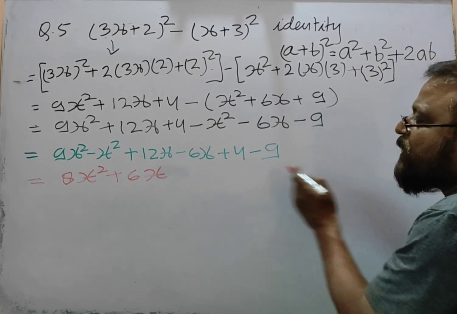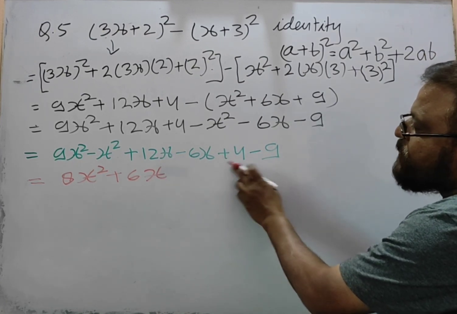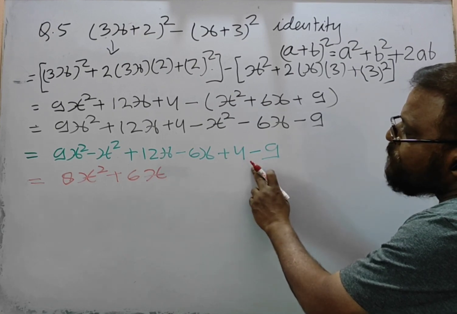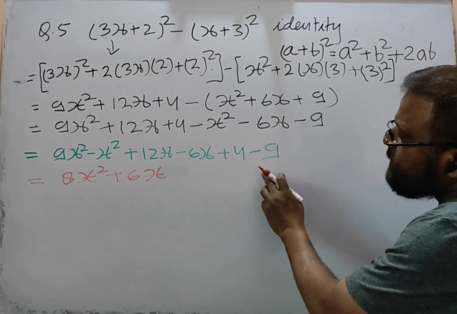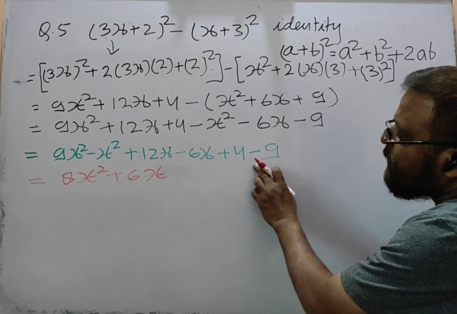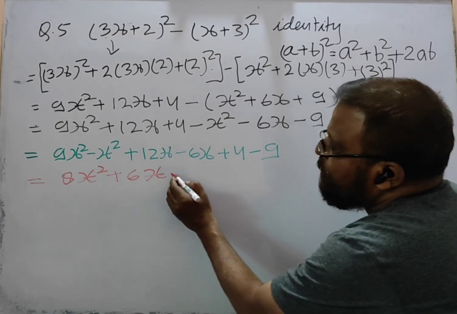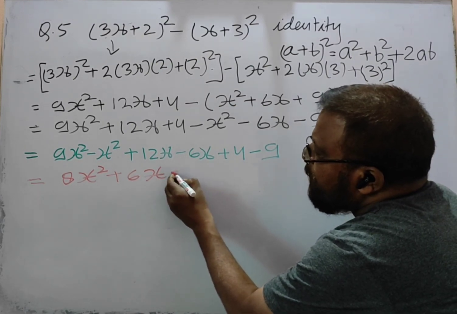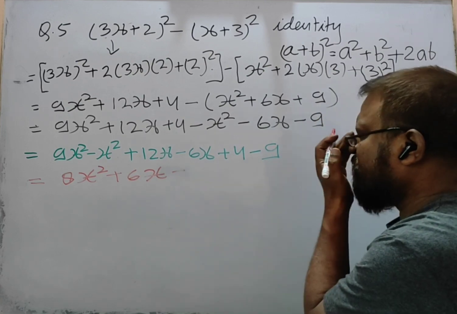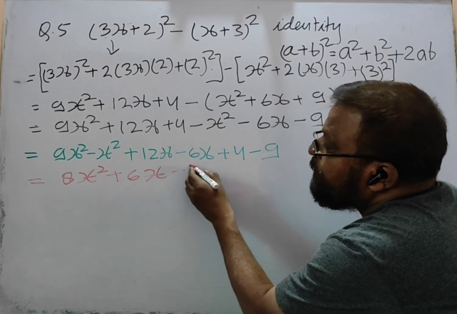And similarly here plus minus minus, so operation will be of minus, and since 9 is having greater numerical value and having negative sign, so we will take sign of minus, and 9 minus 4 is 5.